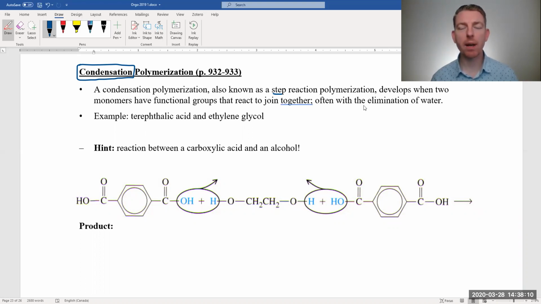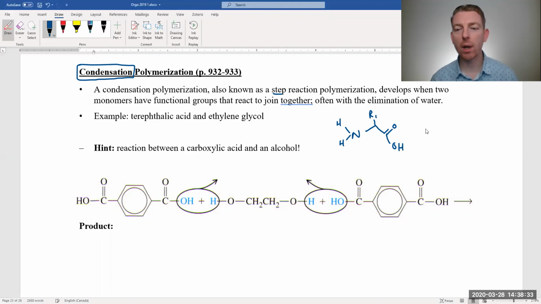It's going to happen when we have two monomers that each have some functional group that react to join together. So we saw this in the case of amino acids, where we had an amine on one side, and there's just a side group, and a carboxylic acid on the other.